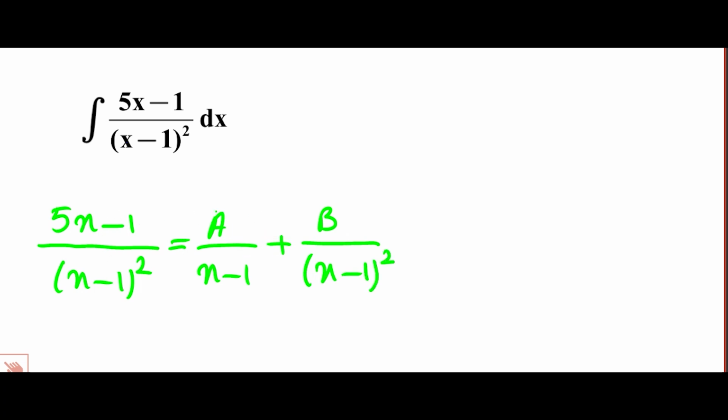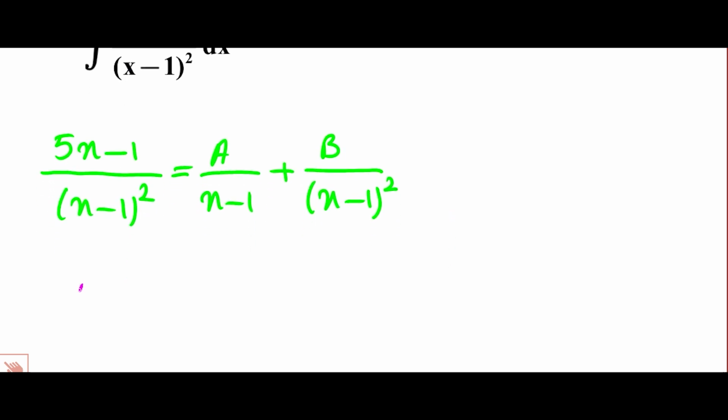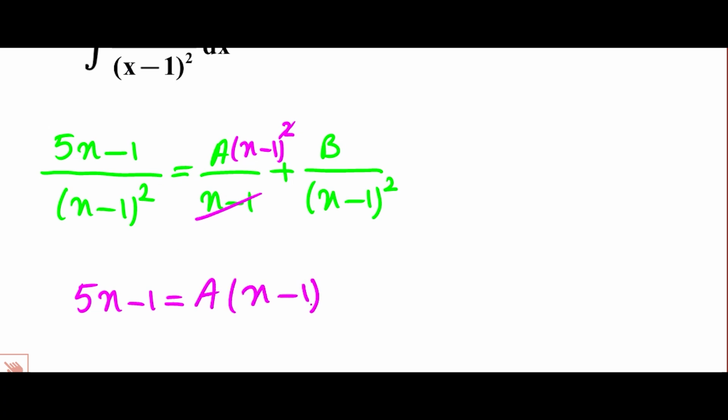Now multiply by x minus 1 whole squared to get rid of the highest power in the denominator. So we have 5x minus 1 equals a times x minus 1 whole squared over x minus 1, so the x minus 1 terms cancel out. So we have a times x minus 1 plus b times x minus 1 whole squared over x minus 1 whole squared.